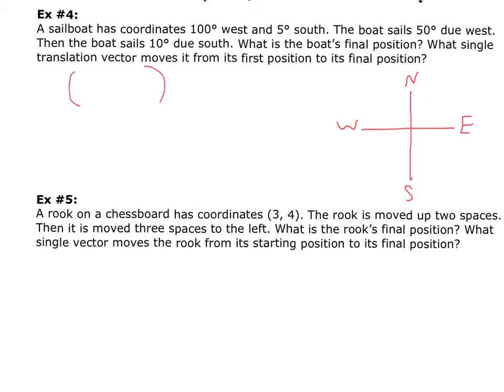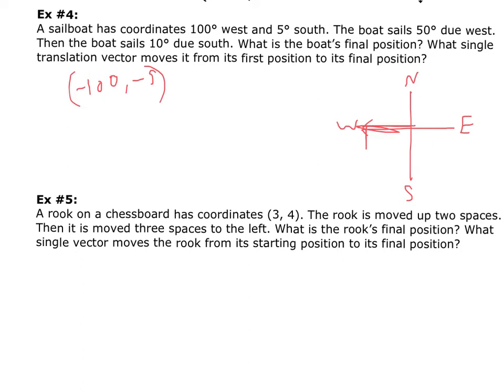Right now it says the coordinates are 100 degrees west. So on our graph, if you go 100 degrees west, that would give you a negative 100 in your x direction. And if we go 5 degrees south from there, that would also be a negative number, which would be negative 5. Okay, so that is our current location of our boat.